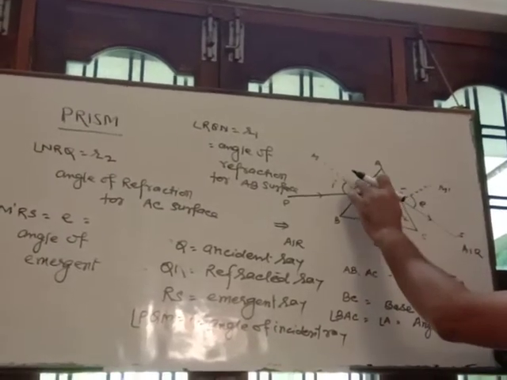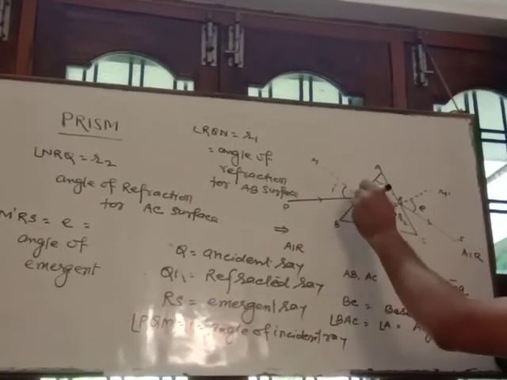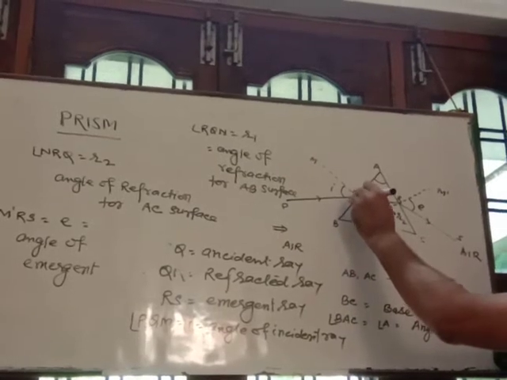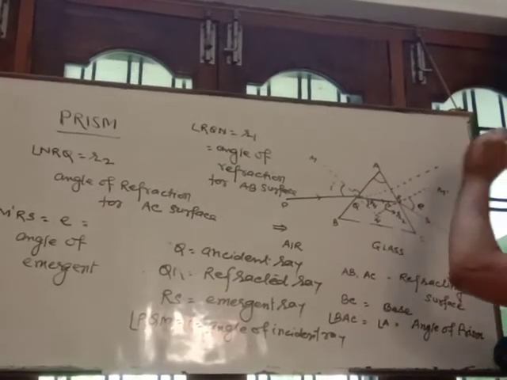Now see here, suppose this prism is not present on the way of the incident ray, then the light ray will pass along a straight path in a homogeneous medium.